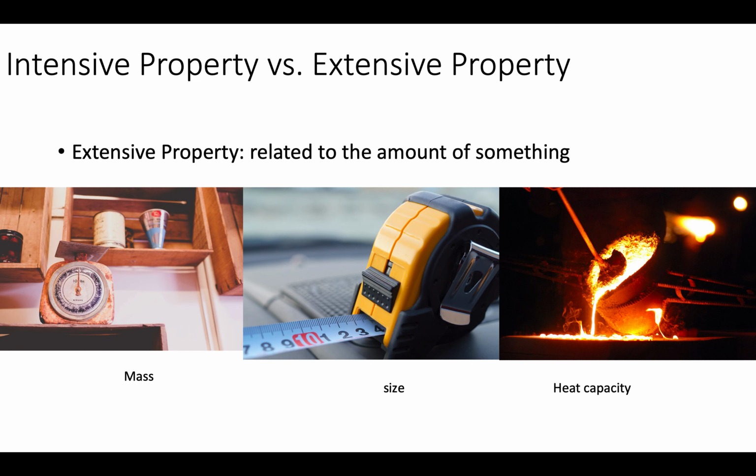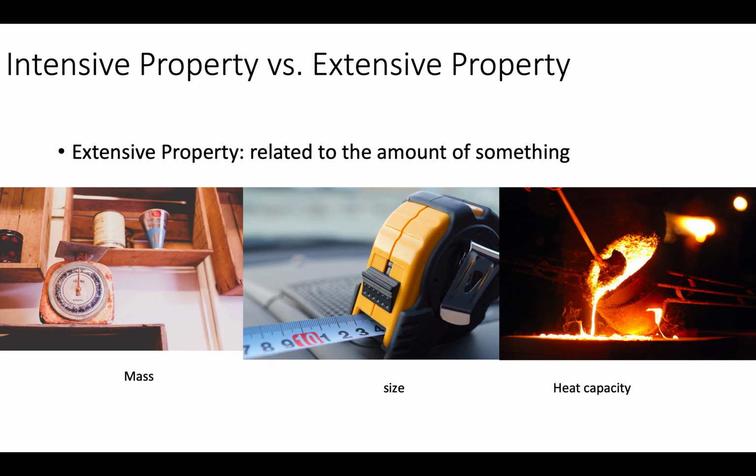Another one that we'll talk about later is heat capacity, which means the amount of heat required to heat something up by 1 degree Celsius. So let's say I'm going to heat a piece of gold foil up by 1 degree C, right?